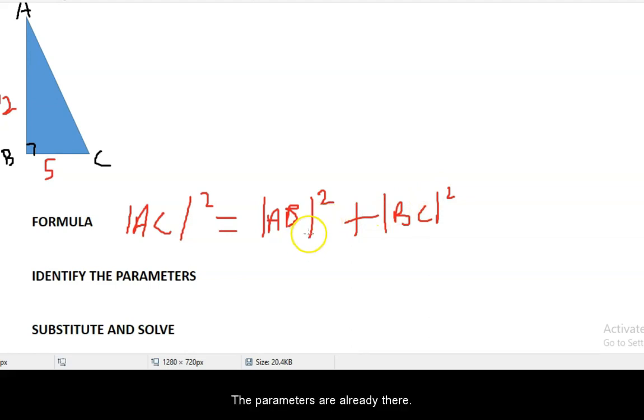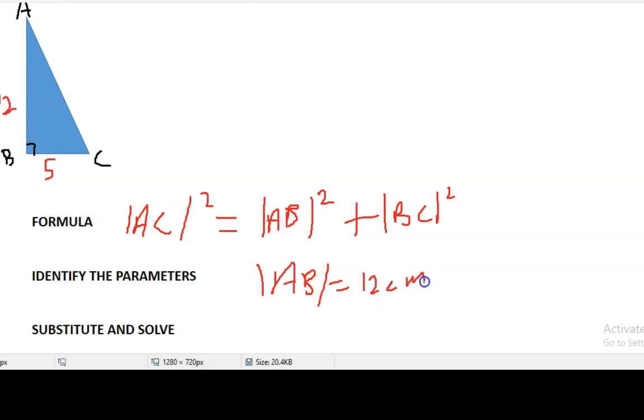So the parameters are already there. AB is 12 centimeter and BC is 5 centimeter.